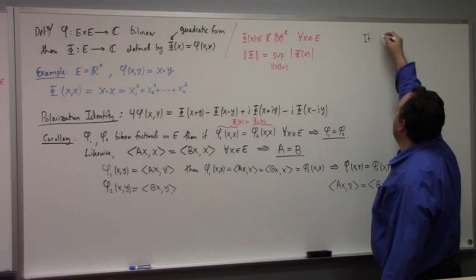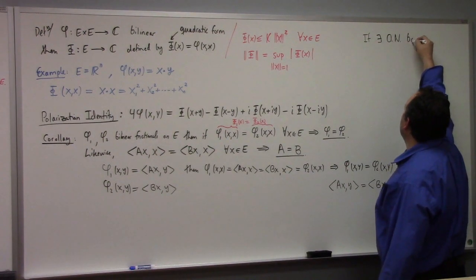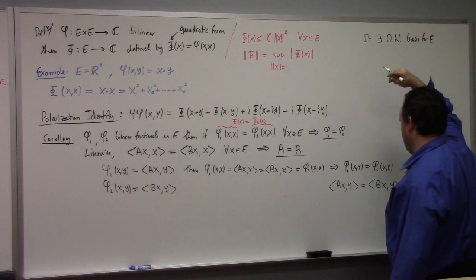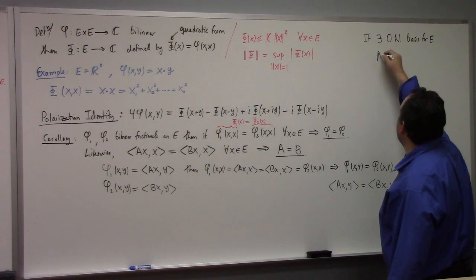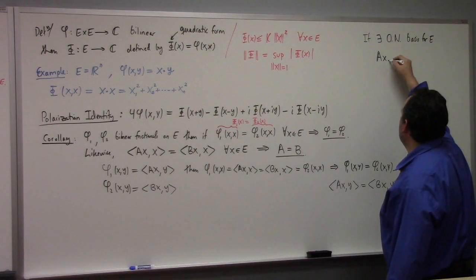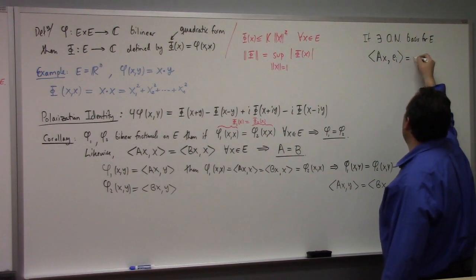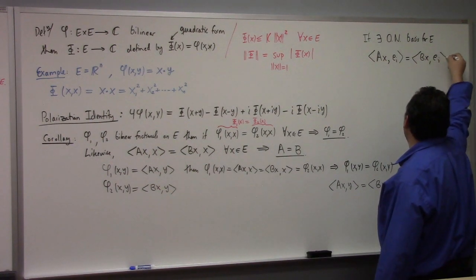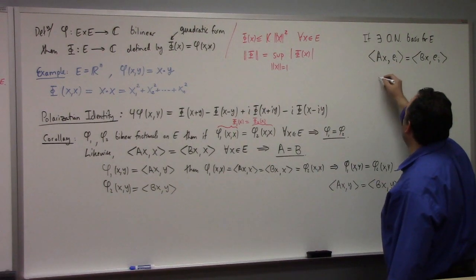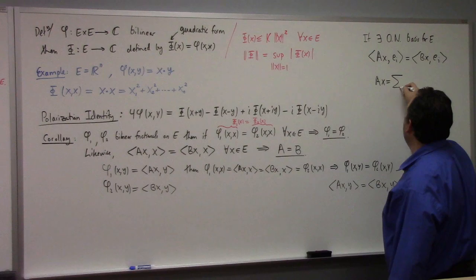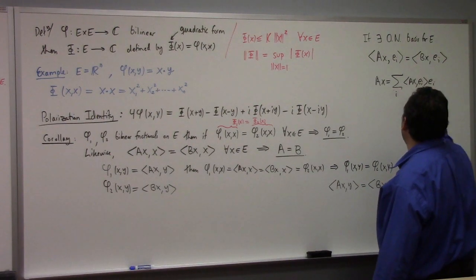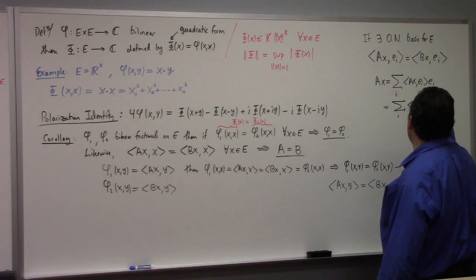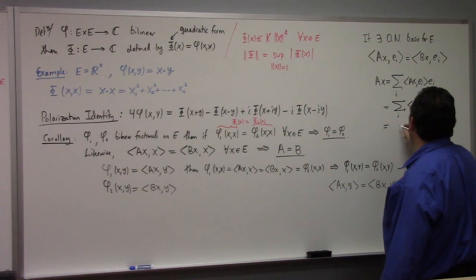If there exists an orthonormal basis for E, all right, then of course, if you have ⟨AX, e_i⟩ equal to ⟨BX, e_i⟩, that means you can write AX as the sum over i of ⟨AX, e_i⟩e_i, but that's equal to the sum over i of ⟨BX, e_i⟩e_i, which is BX.